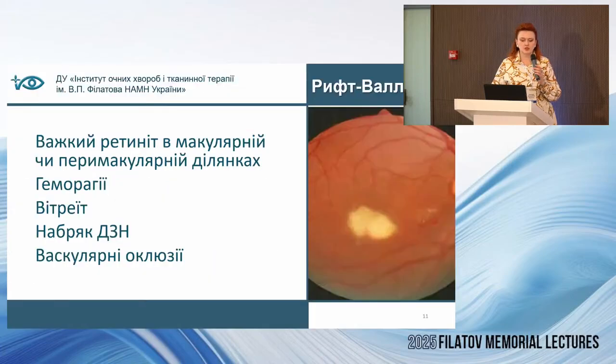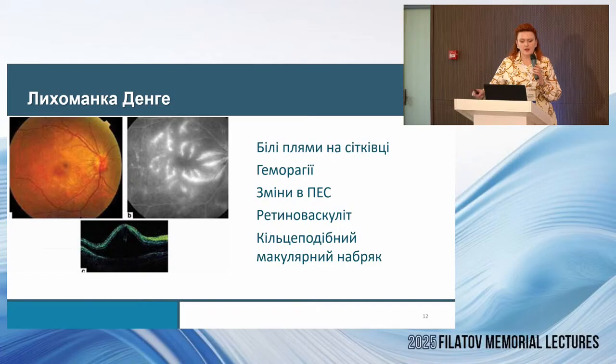All these conditions may either threaten life or have a very light, mild course. Speaking about Rift Valley, systemically this is a type of fever, increase of body temperature, and the slide shows how the fundus looks in this type of fever.